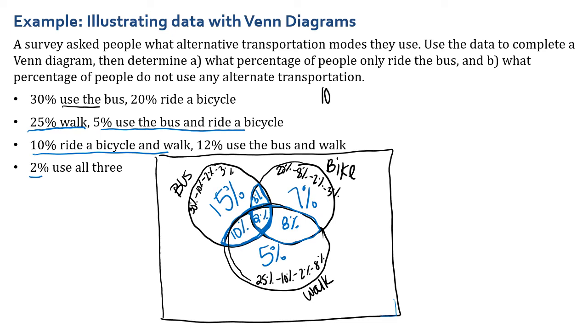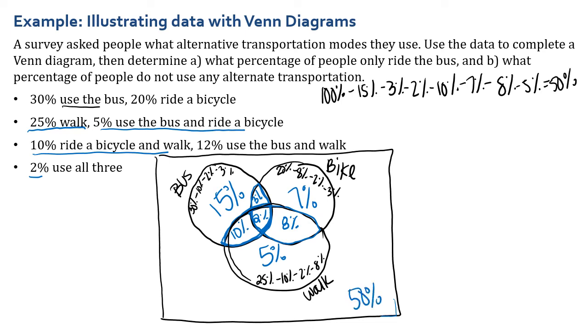So if I take 100% and take away everything we have counted, so we've counted the 15%, 3%, 2%, 10%, 7%, 8%, and 5%. So I just took all these percentages and I'm subtracting them from that 100, and that leaves me with 50%. So that means that 50% of the people surveyed don't use any means of alternative transportation.